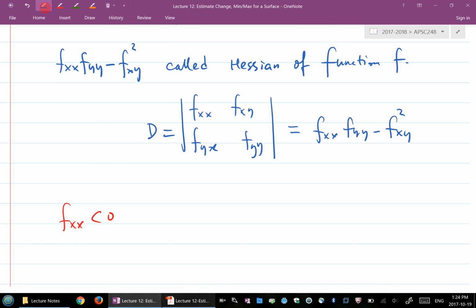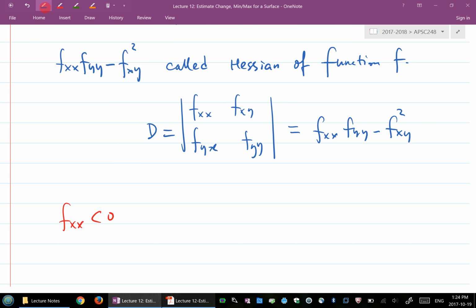Let's say this is less than 0, so it's supposed to be a local maximum. Now you can think of it as a surface. If you need that point to be a local maximum, then that curve needs to be what?